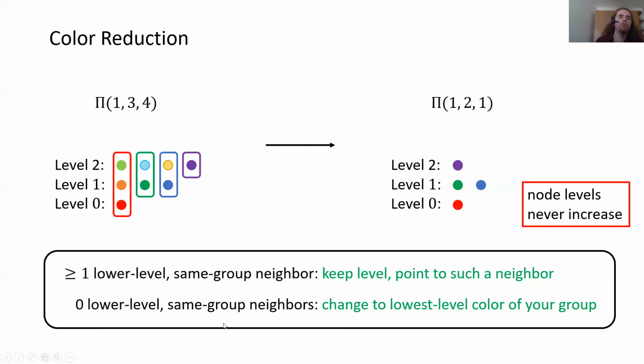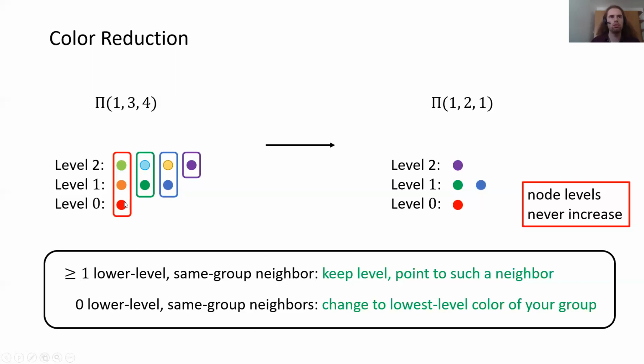Because if there was such a node, then it must be in the same group as I am. And since I don't have a lower level neighbor in the same group, it must be that my neighbor has a higher level than I do. But then I am a lower level same group neighbor for this neighbor of mine. So it will be in the uncoloring case, and as such, it will uncolor itself and not take on the same color as I do.